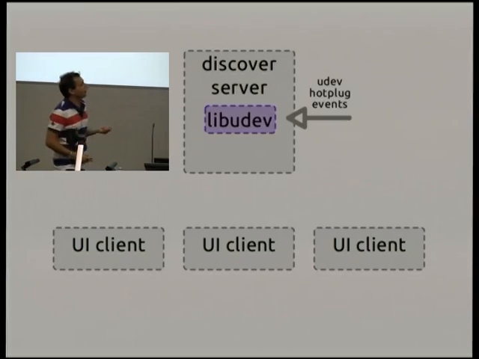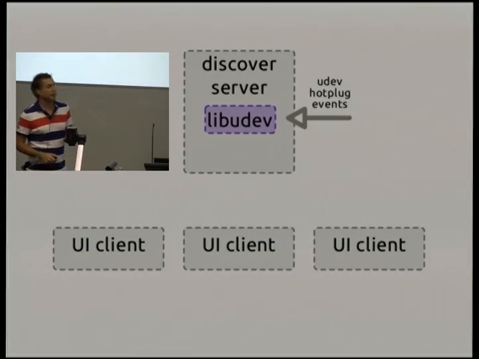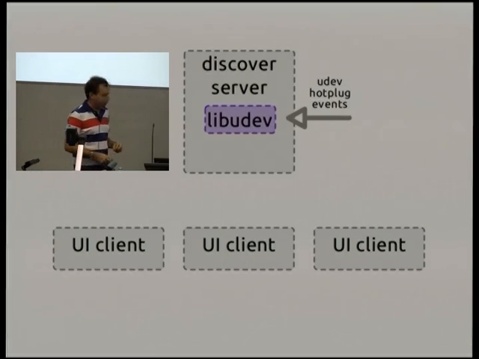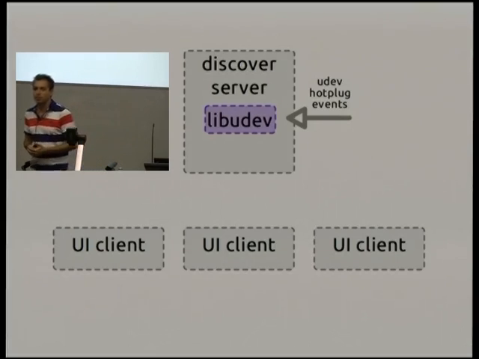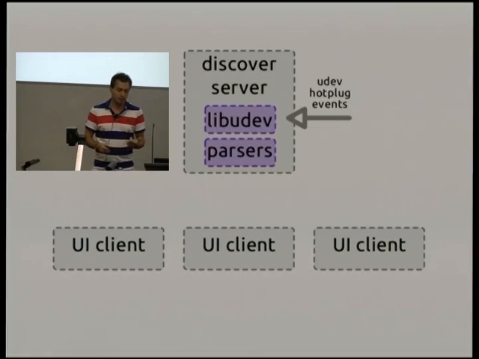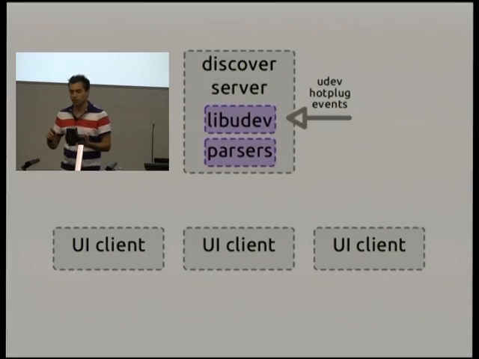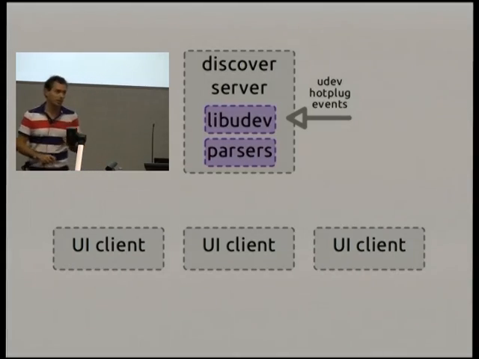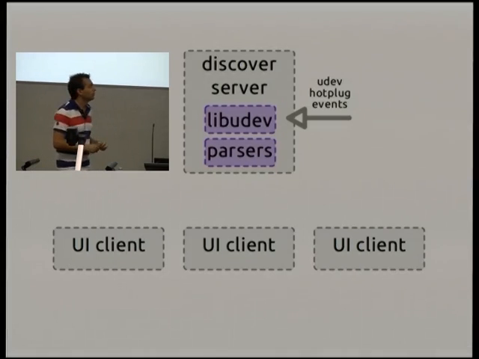So the basic flow: we have udev hot plug events coming into our Discover server. We use libudev, but it's very lightweight. When we see a suitable device that might contain some kind of boot option, we notify the parsers. We have a set of parsers in the server code: one for grub, one for Pixie, one for yaboot, and I think we have a kboot one, but that's not often used.